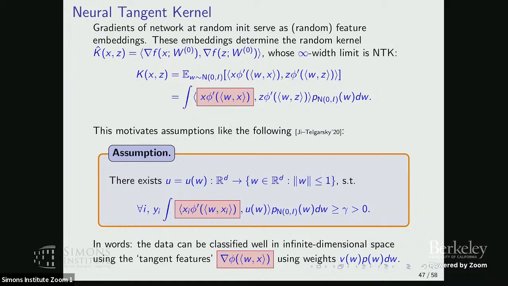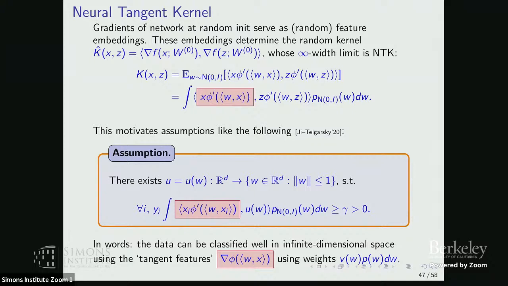We assume that there is some u that takes parameters from R^d and maps them to other parameters in R^d that have norm at most 1. And we assume that this u is such that we can classify examples from the training data well using an infinite width network with these random features, x phi prime of w dot x, classified well using those second layer weights u of w.